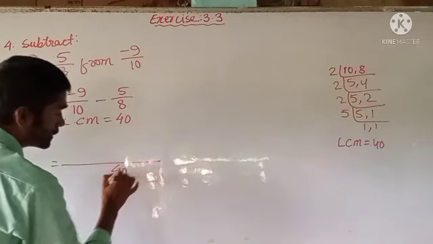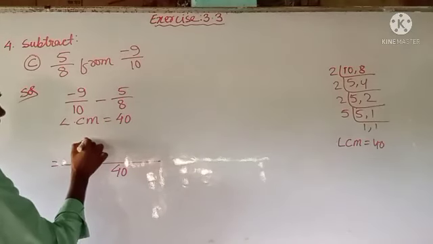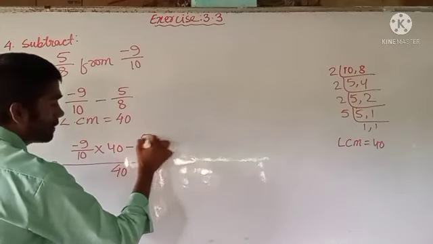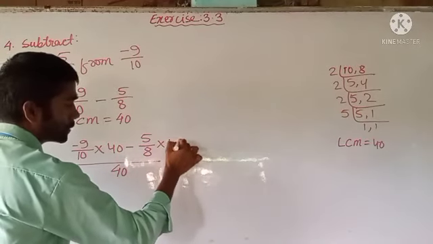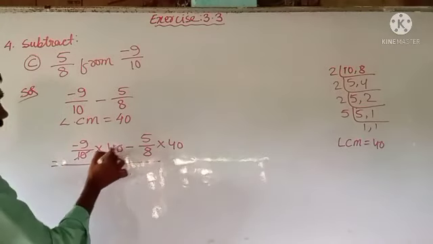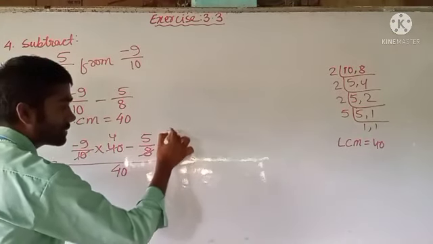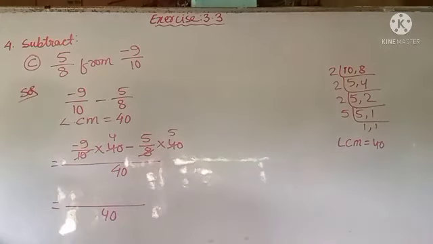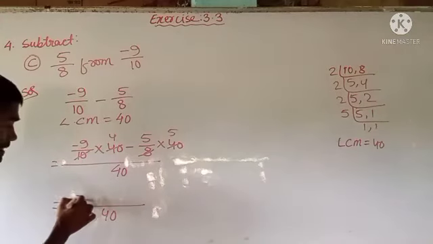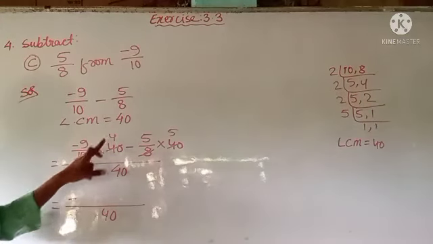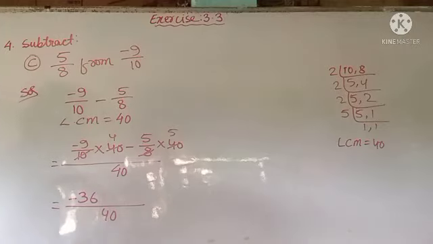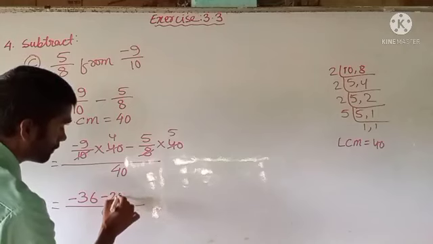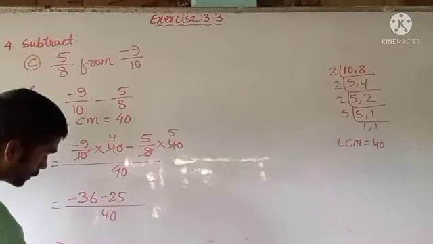Now whatever LCM we got, we will write as it is, and the fractions, that is 9 by 10 into LCM, that is 40, minus 5 by 8 into LCM, that is 40. Now we will cancel it. 10 4 times is 40, 8 5 times is 40. Now minus into plus will give minus 9 into 4. 9 into 4 is 36, minus 5 into 5 is 25, over 40.